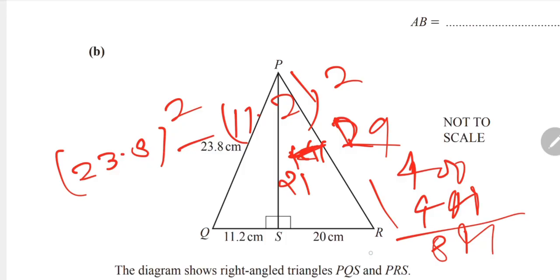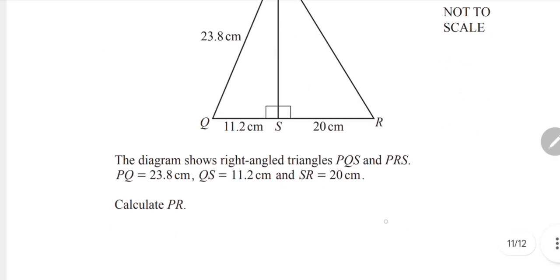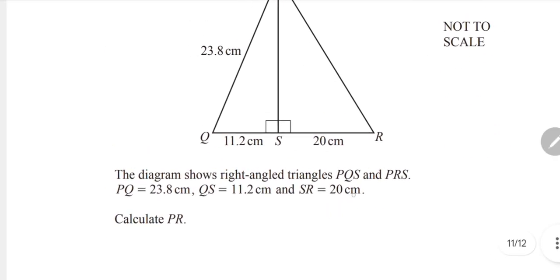The value of PR squared is 841. Now taking square roots, you get 29. So our answer will be 29. Okay. Next question.